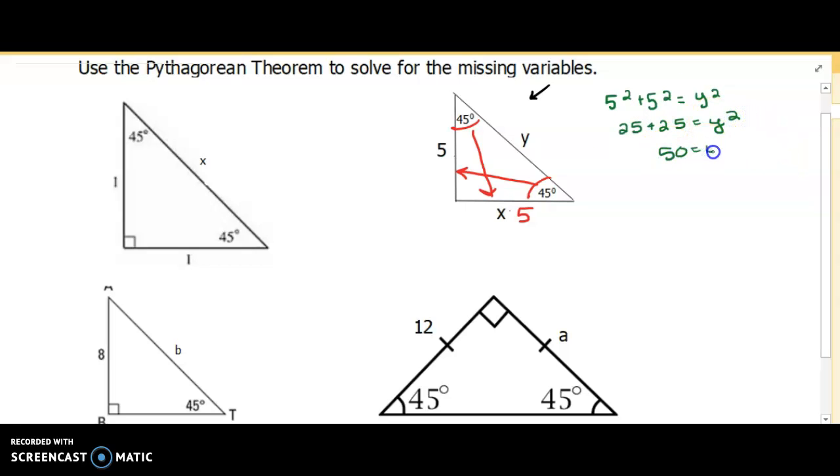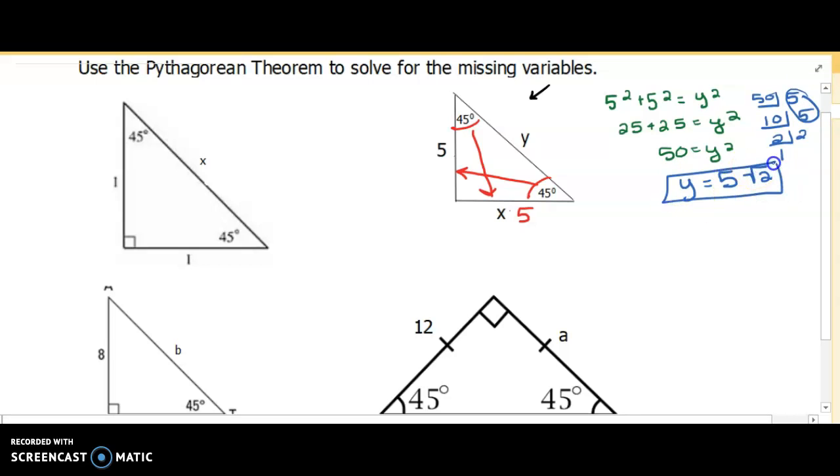So 50 is y squared. And then if we break 50 down, well, 5 goes into 50 10 times, 5 goes into 10 twice, 2 goes into 2 once when we're done. So I'm left with y equals 5 square root of 2. Okay, so 5 square root of 2 goes here.